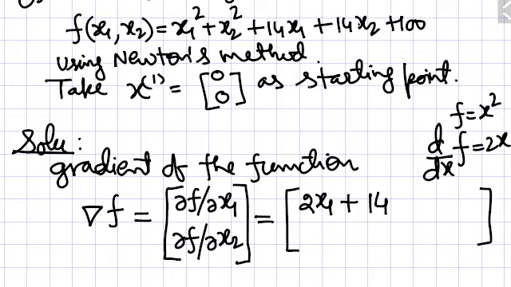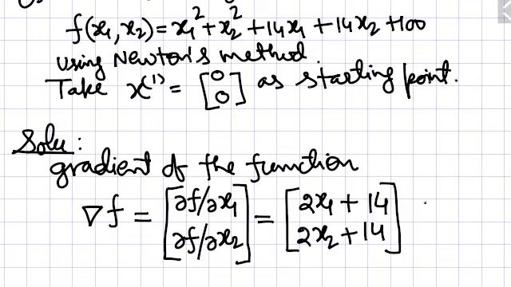And this will be 0 and this will be 0. So 2x1 plus 14. In the same way, if you partially differentiate with respect to x2, you will find this. I hope the point is clear now. Let's call it equation 1.